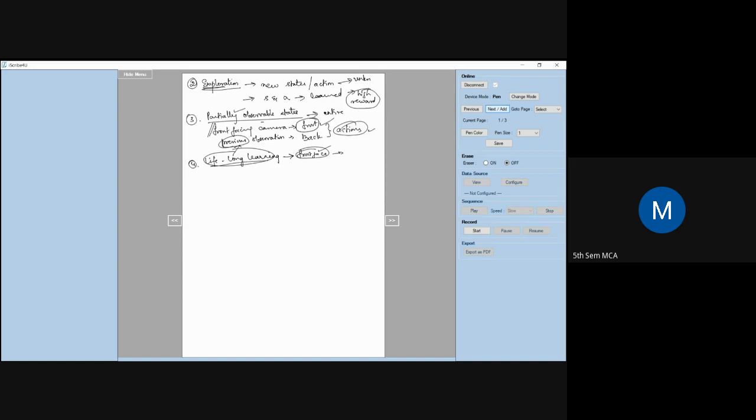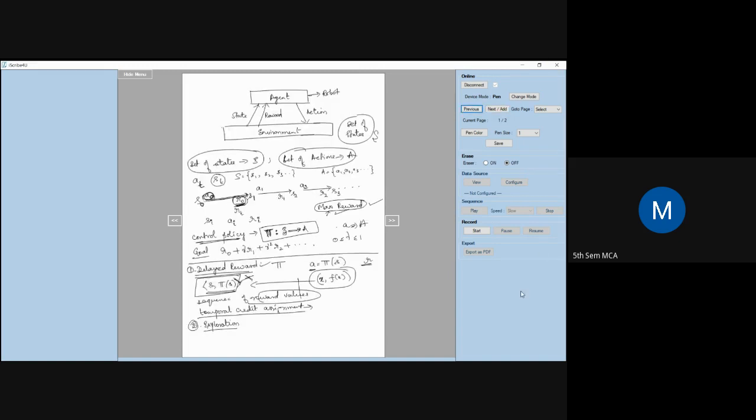Okay, so these are the four different points which indicate to us that reinforcement learning is completely different from the other tasks that we have been learning so far. The first one is delayed reward. In delayed reward, what did I say? The training data is not given in the form x comma f of x, or in terms of states and the function we have defined here, s comma pi of s.